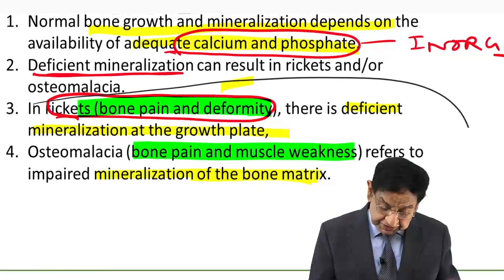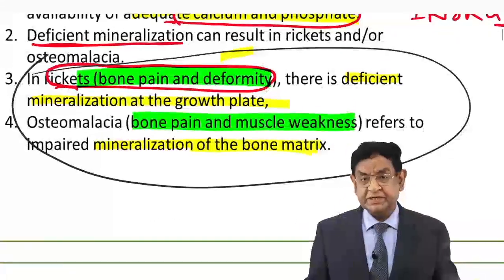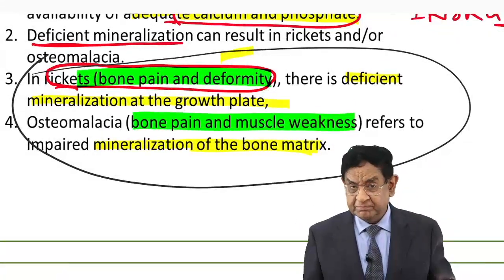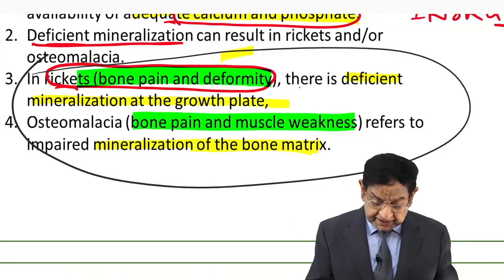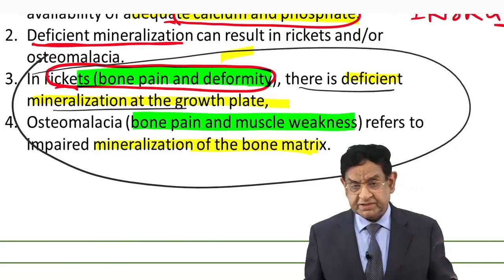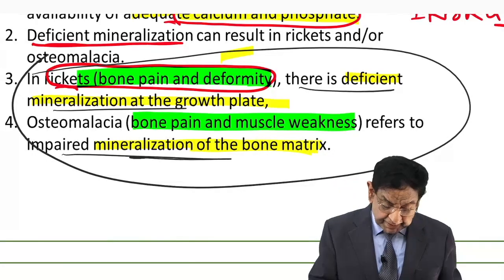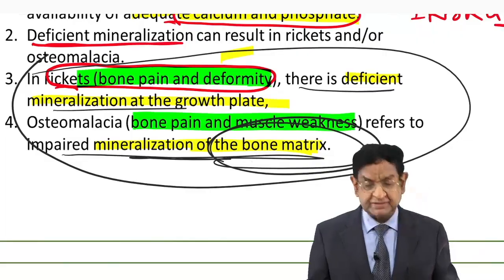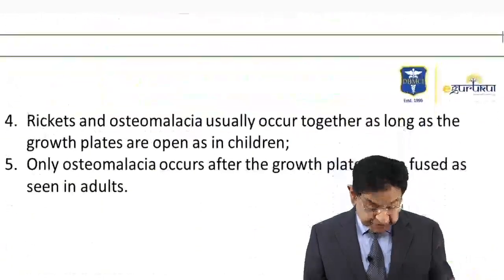These two lines are worth $1,000,000. So in both conditions there is bony pain, but in rickets there is deformity because the problem is deficient mineralization of the growth plate. But in osteomalacia, it refers to impaired mineralization of the bone matrix.